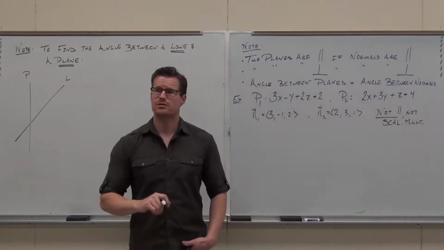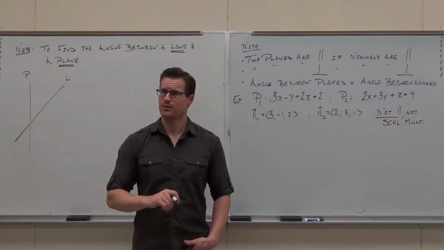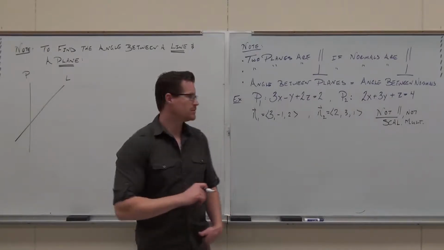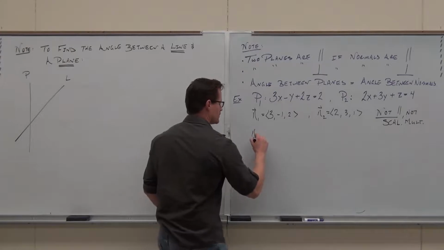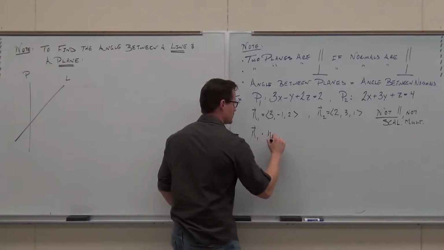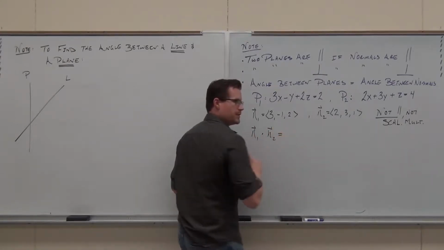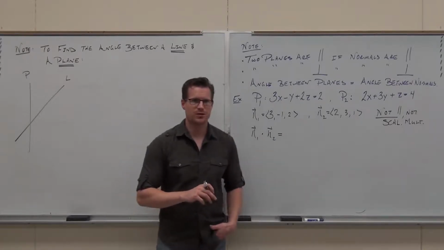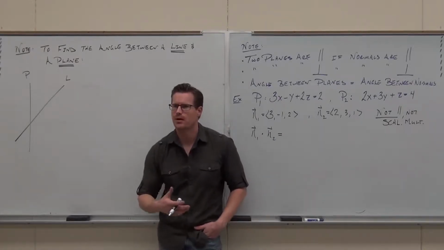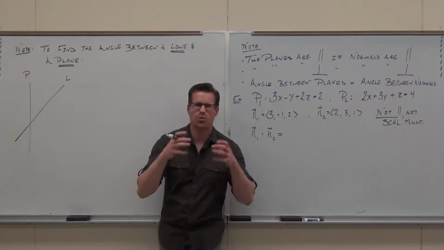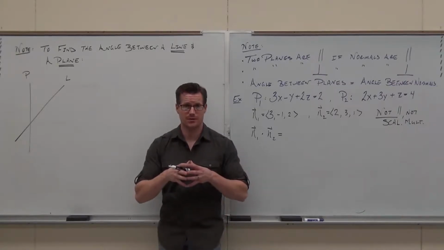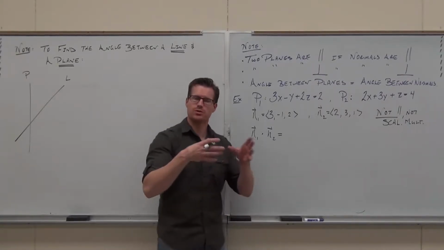Are the planes perpendicular? This is what it would take to figure out if, do you remember the dot product? If the dot product is what number, then we have perpendicular. Perfect, that's how you check.